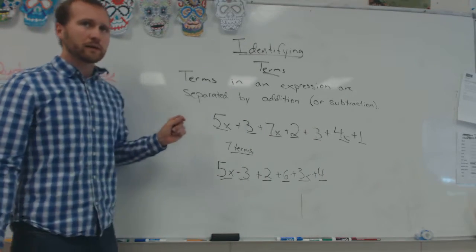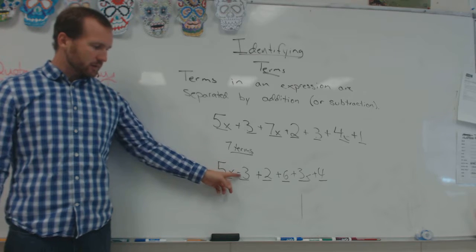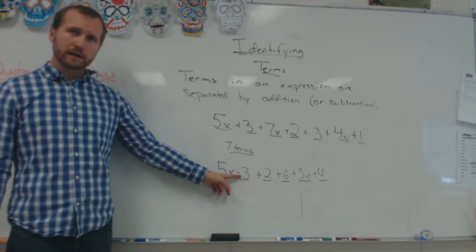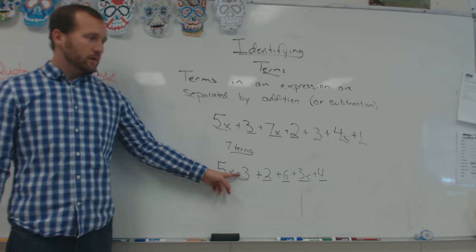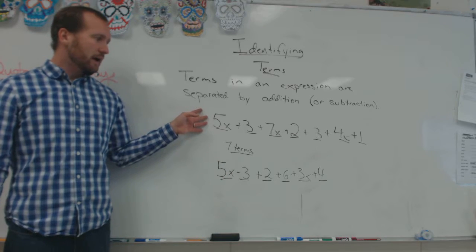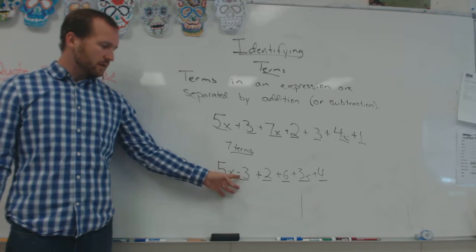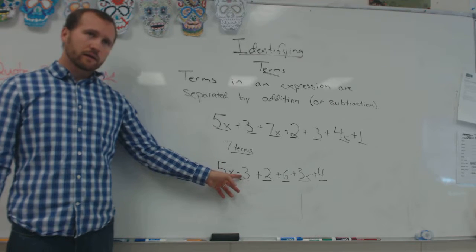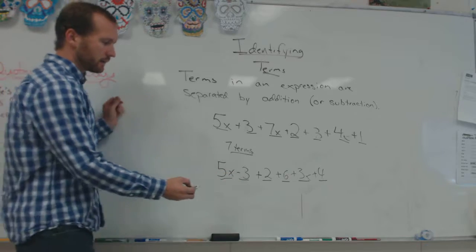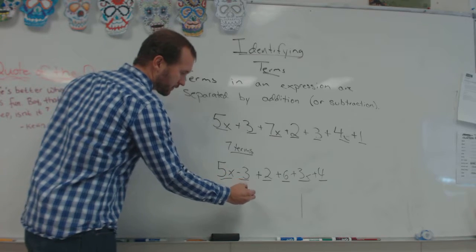But what I want to point out is that this term here is negative. In the previous expression, I have 0 terms that are negative. They're all positive. In this one, my negative 3 is really saying plus negative 3.